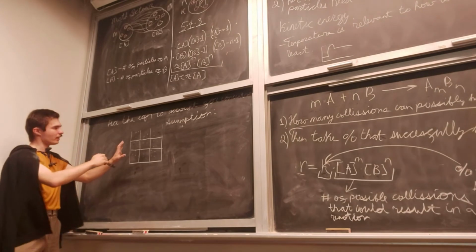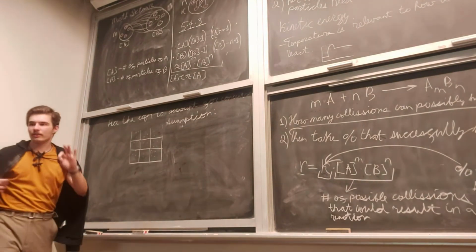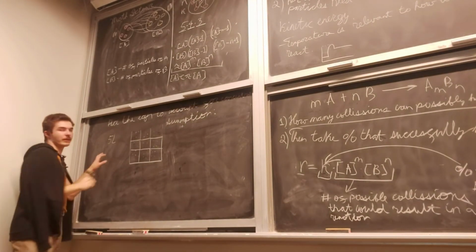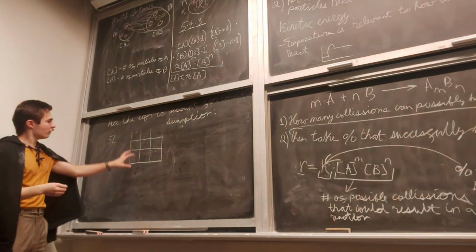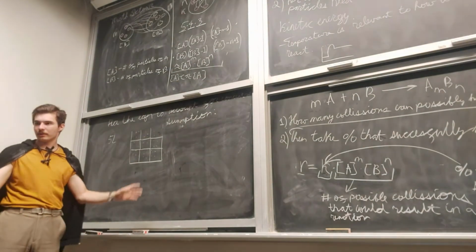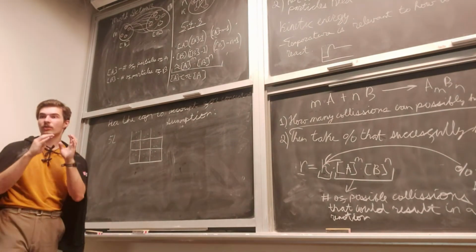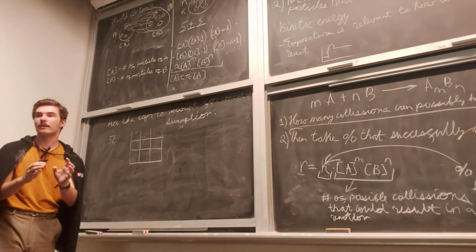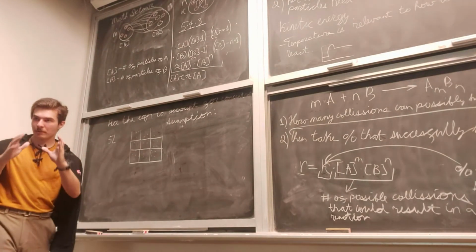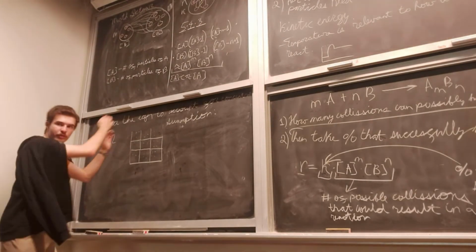If we take our entire beaker, and say it has 5 liters of reactants, evenly mixed, and we split it into 5 separate liters and look at the rate of reaction in 1 liter, so how many particles successfully collide in 1 liter, then if we multiply that number by 5, we get the total number of particles that collide successfully in the whole thing.